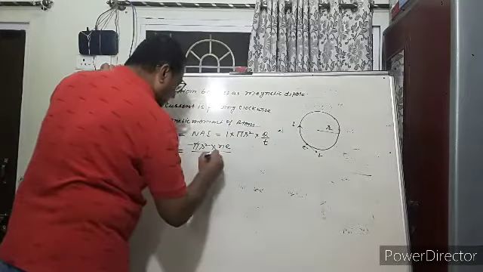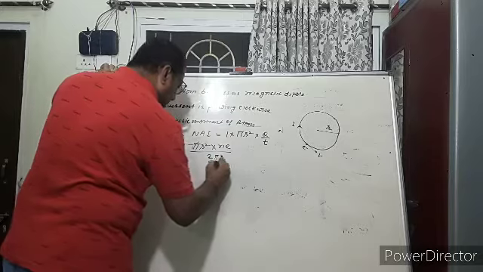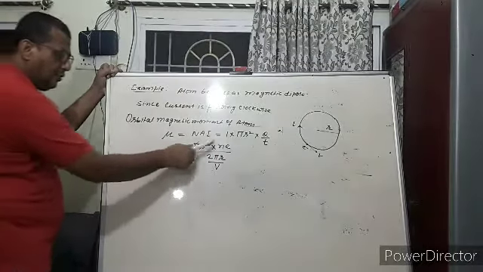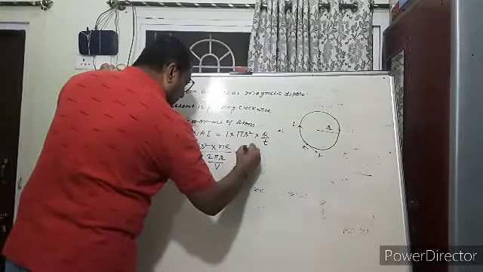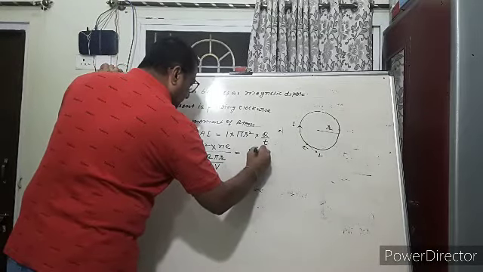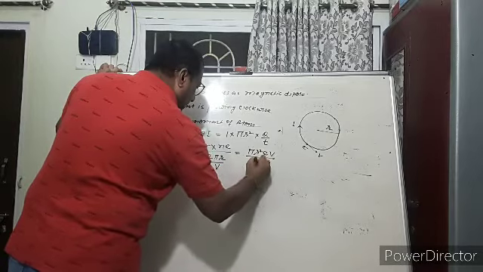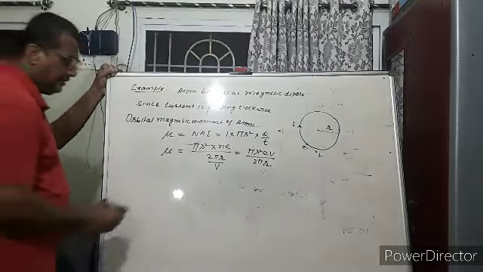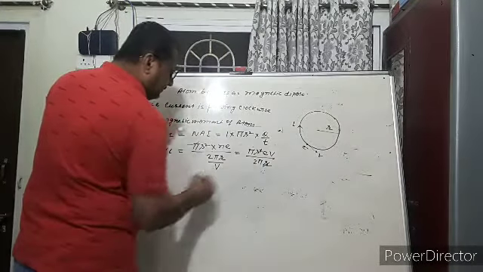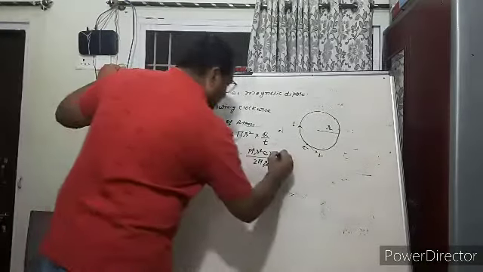Distance is 2 pi r, speed is v. N equals 1 because one electron is moving, so this will be equal to pi r square e v divided by 2 pi r. Then r will be cancelled, pi will be cancelled. Then this will be equal to evr by 2.